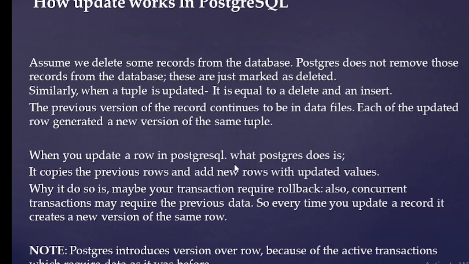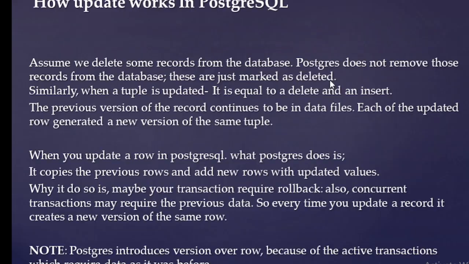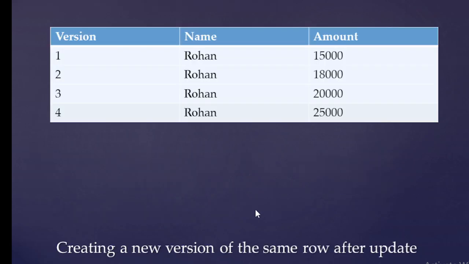When you update a row in PostgreSQL, it copies the previous row and adds a new row with updated values. Why does it do so? Maybe your transaction requires rollback. Also, concurrent transactions may require the previous data.